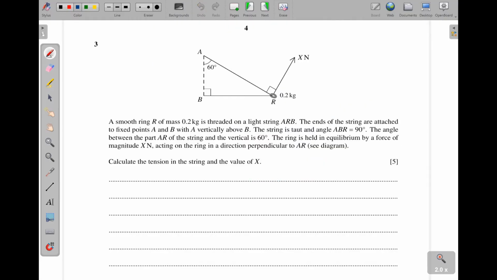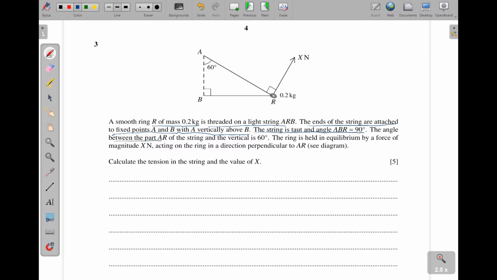So that is that. Number 3, a smooth ring R of mass 0.2 kilograms is threaded on a light string. The mass is negligible for the string. The ends of the string are attached to fixed points A and B with A vertically above B. The string is taut and the angle ABR is equal to 90 degrees.